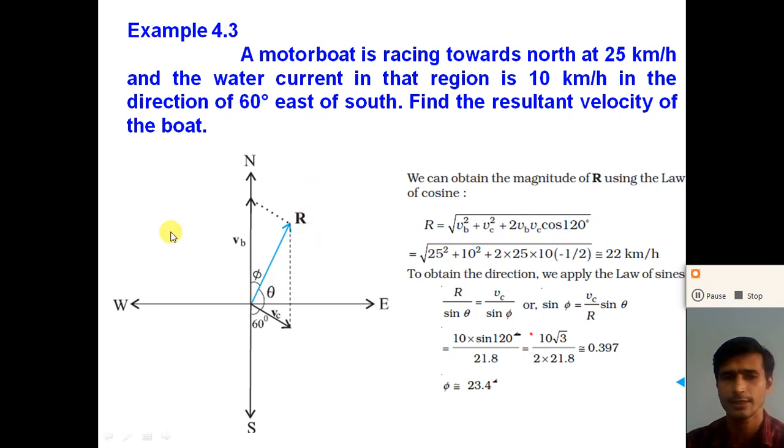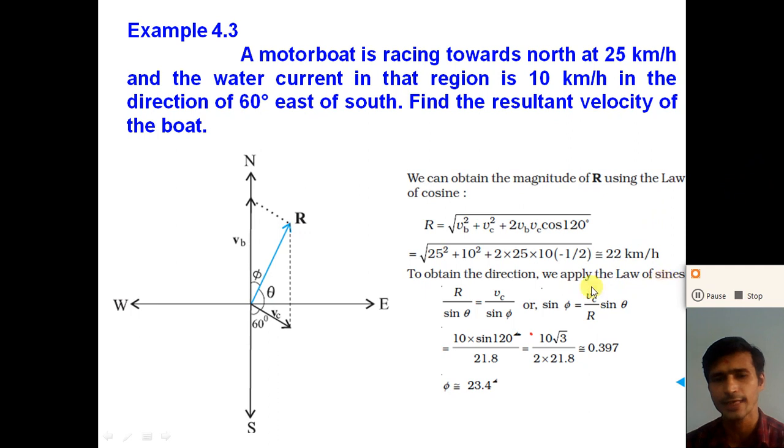Similarly here, A is VB and B is VC, so R is the square root of VB square plus VC square plus 2 VB VC cos 120. The angle between these two vectors is 120. By putting in the values, we get the magnitude of the resultant vector, the resultant velocity of the boat, as 22 km per hour.